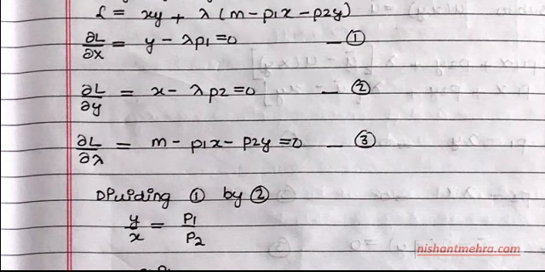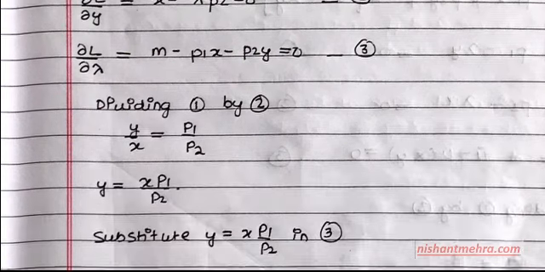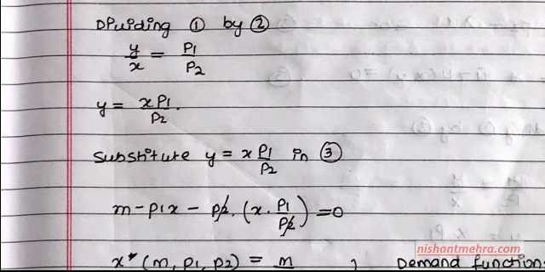This set of equations is called the first order conditions, FOCs. So you divide first by second, and what you get is y by x equals p1 by p2.